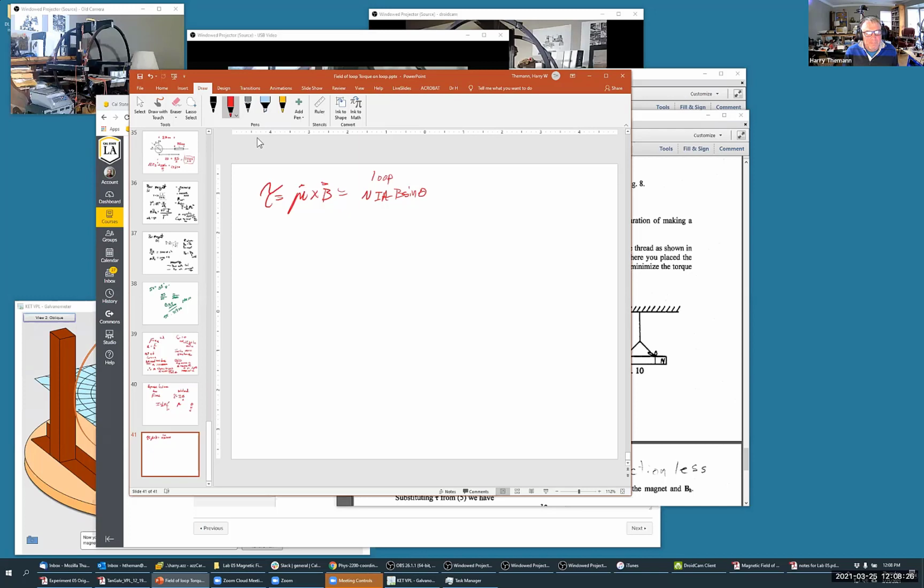For a permanent magnet, for any magnet, it's M B sine theta, and M is the magnetic moment of a bar magnet. Generally speaking, we don't know what that number is, and we can't measure it.